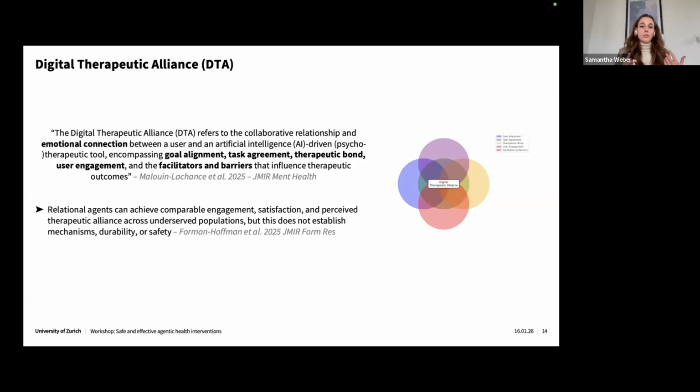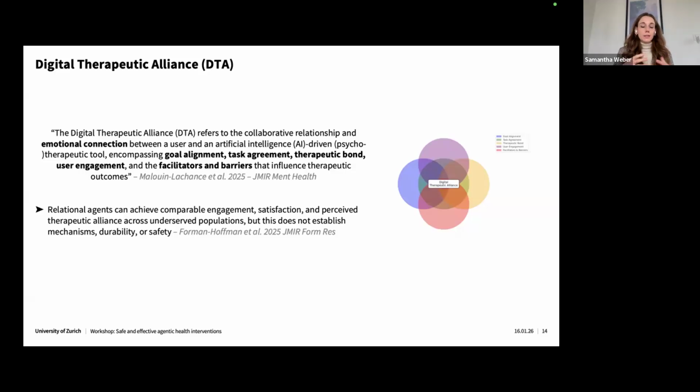The literature describes digital therapeutic alliance as the perceived collaborative relationship between a user and AI-driven therapeutic tools. This includes goal alignment, task agreement, and some sort of emotional bond. Empirically, relational agents can achieve high engagement, high satisfaction, and perceived alliance across different populations.